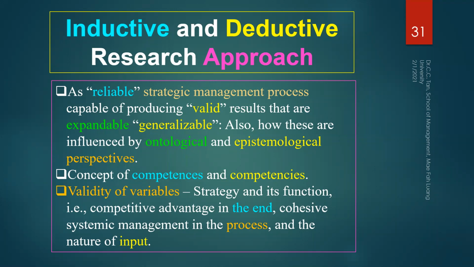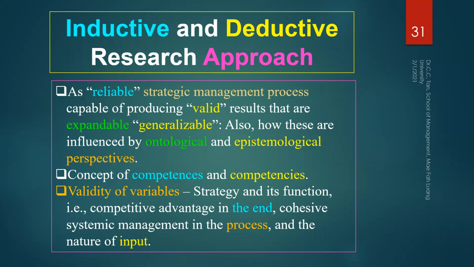So one of the criteria in strategic management processes, or in business research processes, is reliability, a quality criterion. The second one is validity. Is it valid? Does it deliver to your expectation?